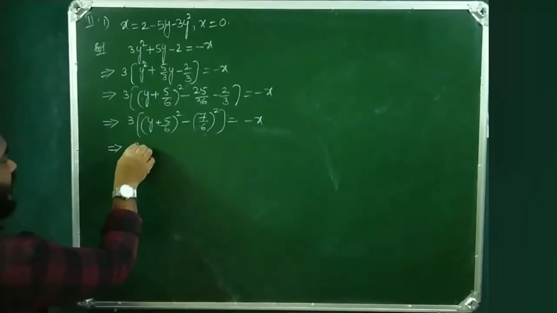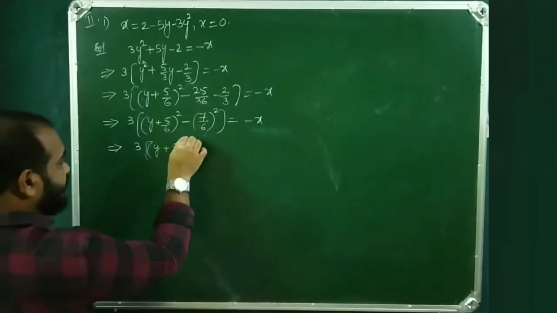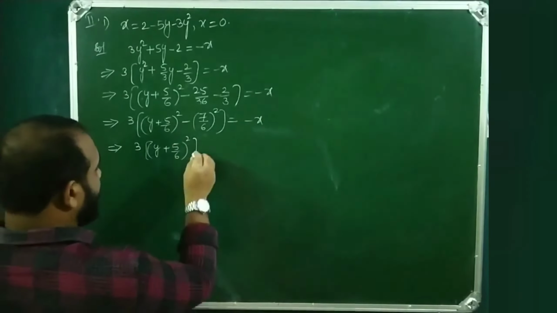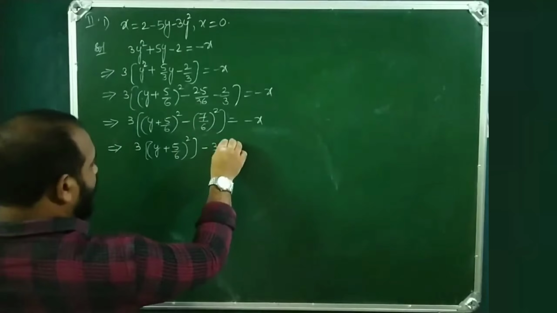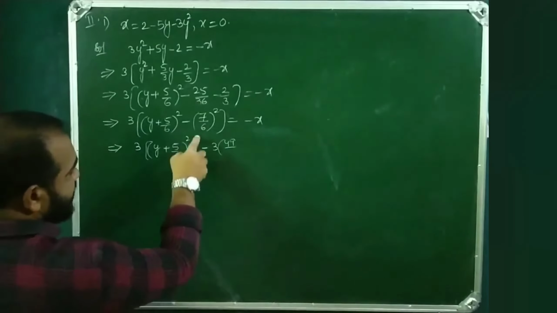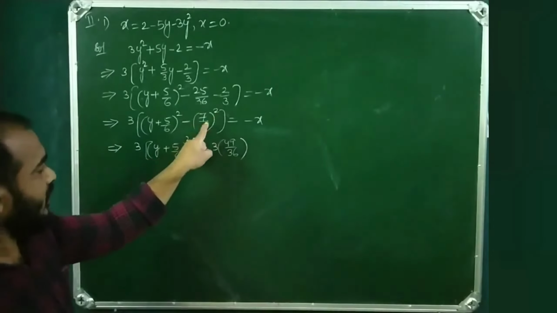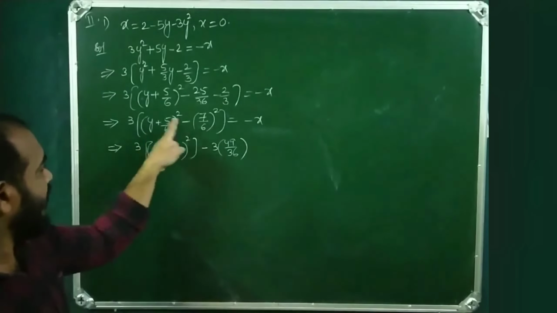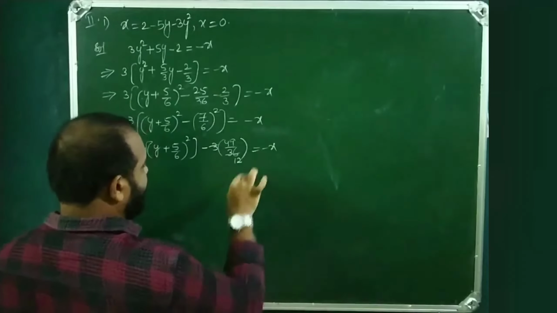So this is equals to 3 into y plus 5 by 6 whole square minus 3 into 7 square is 49 by 6 square is 36. 7 square is 49, 6 square is 36, 3 into. So 3 12s are 36 is equals to minus x.